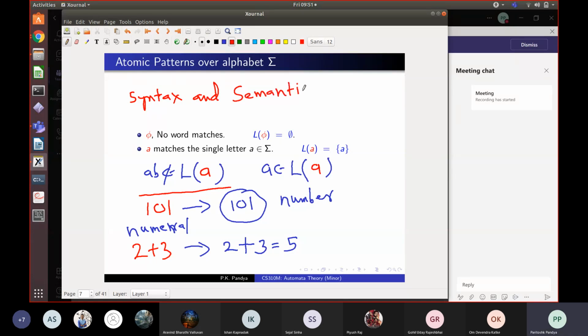So that's a good question. This is semantics, and this is the syntax, and I'm giving a definition here. This does not follow from anything. Is that fine? Yes, sir, it's clear.